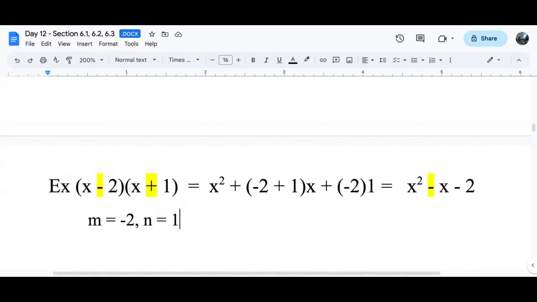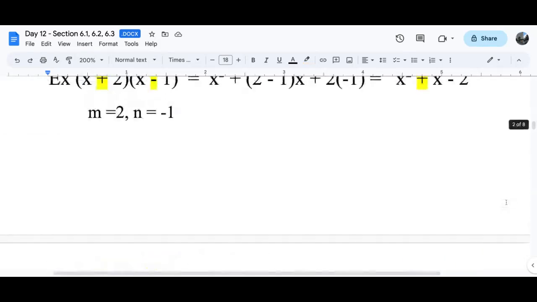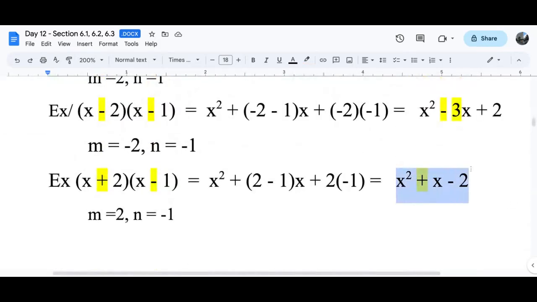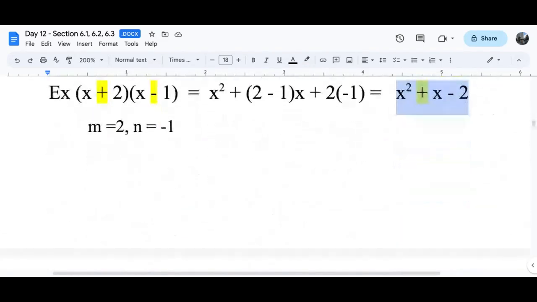So with these 4 examples, we just change the plus and minus signs, and the result is totally different. Anyone has any questions?